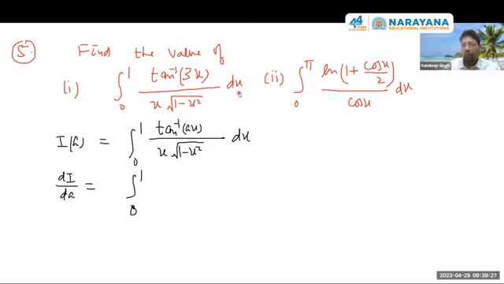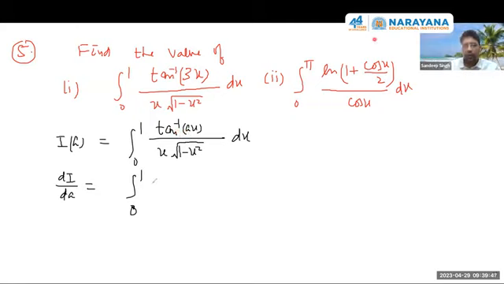When I say x is a constant, x is independent of a. It is a dummy variable of integration, independently taking limits from 0 to 1. It has no connection with a. Are you getting the point? Yes. So now I have to take the derivative of tan inverse ax with respect to a.